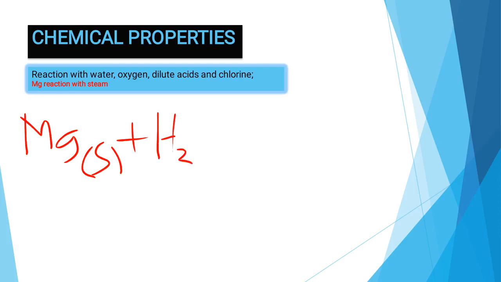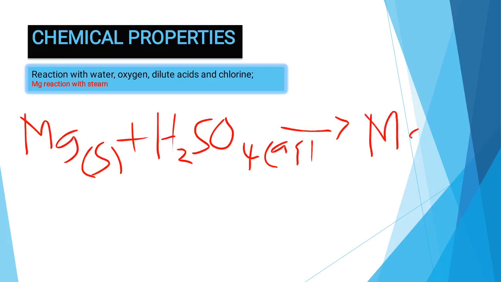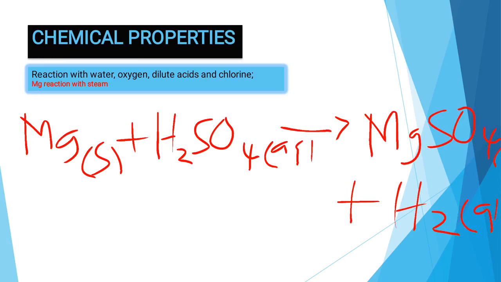This is the formula, which is aqueous, to give us magnesium sulfate, an aqueous solution, plus hydrogen gas. And is the equation balanced? Let's check. We have 1 magnesium in the reactant side and 1 in the product side.